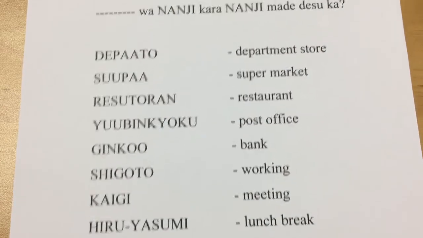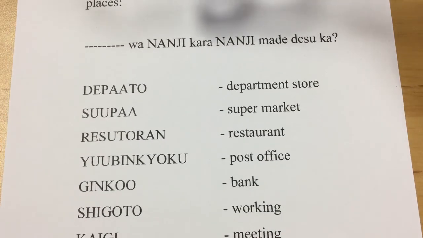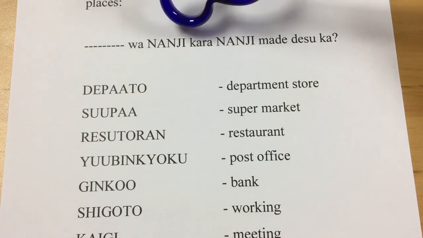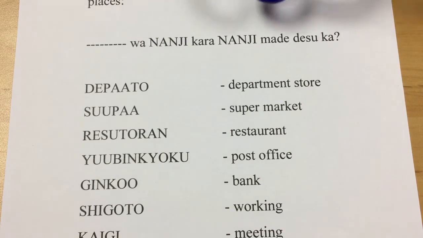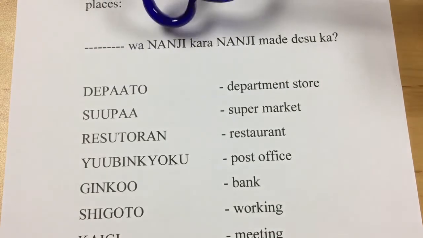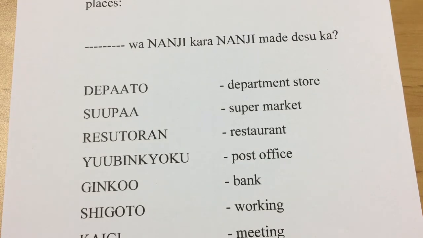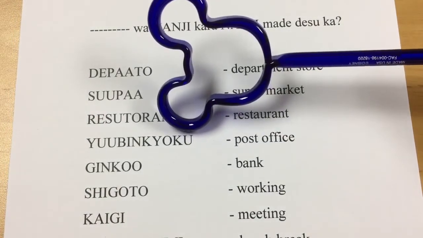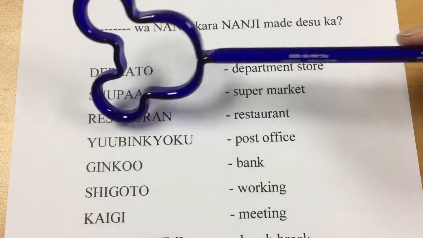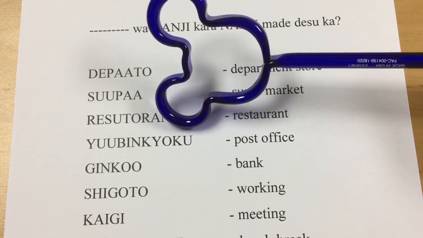So with these nouns, can you ask what time the department store opens and until what time? Can you ask that? デパートは何時から何時までですか? Can you also ask the post office opens from what time to what time? 郵便局は何時から何時までですか?